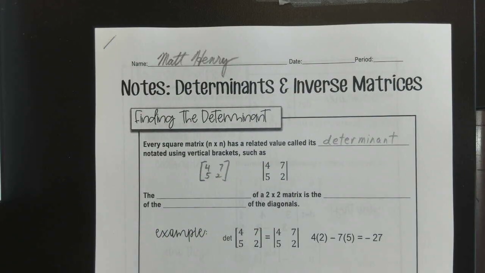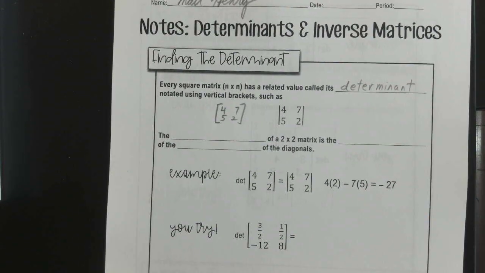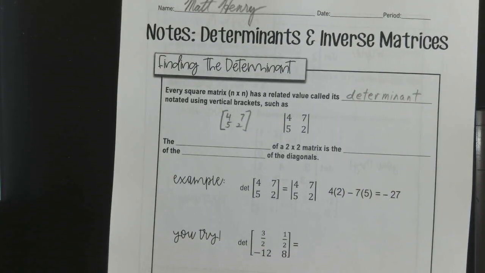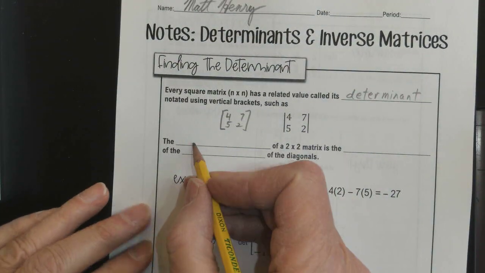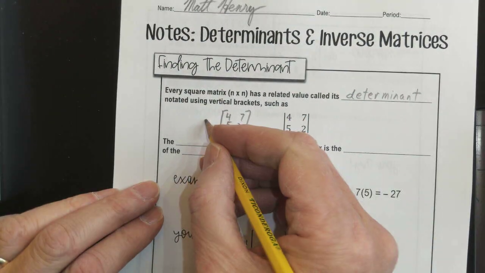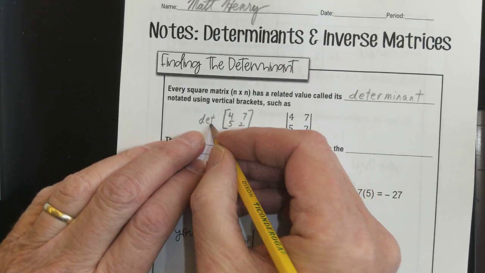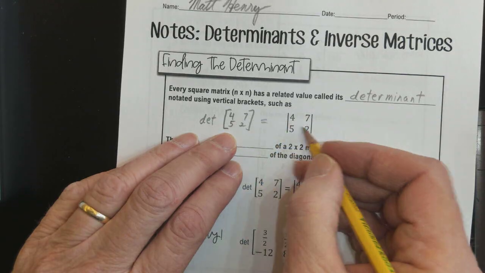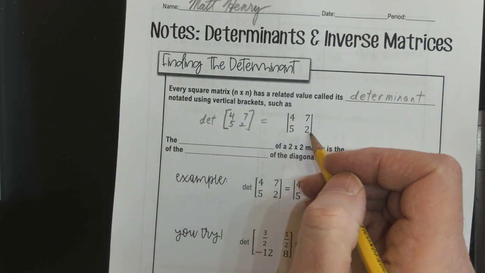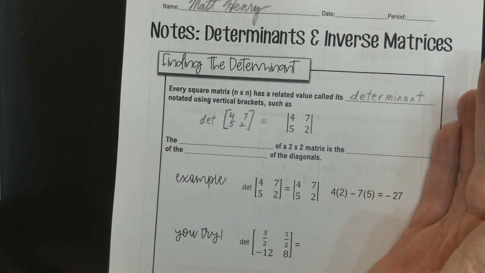When you have a matrix, you have the top and bottom brackets taking those in. I'm going to write the words DET, like the determinant of this matrix is written this way. That's how you write the determinant of a matrix. All right?